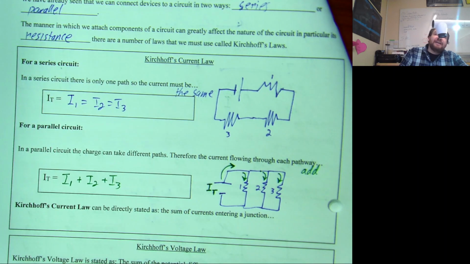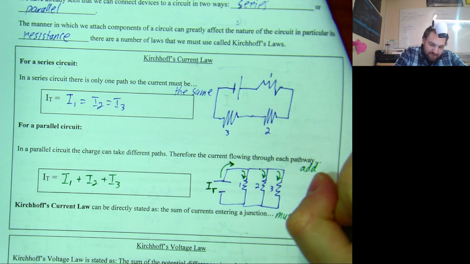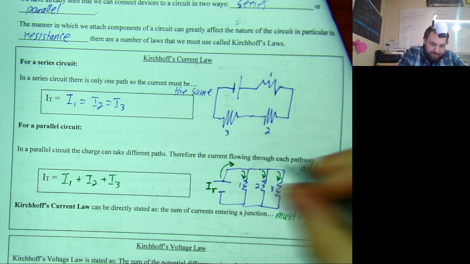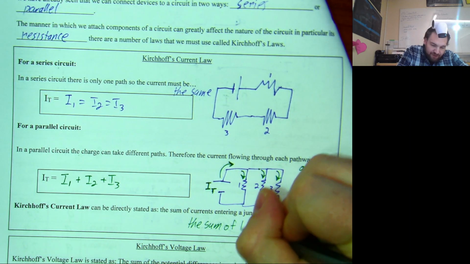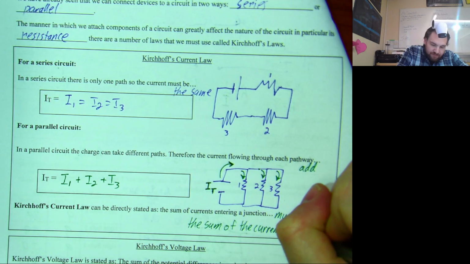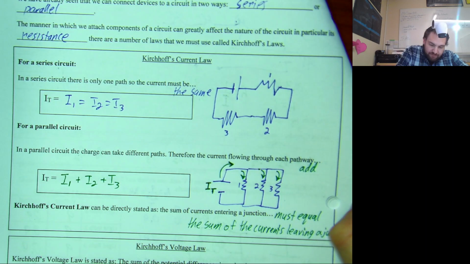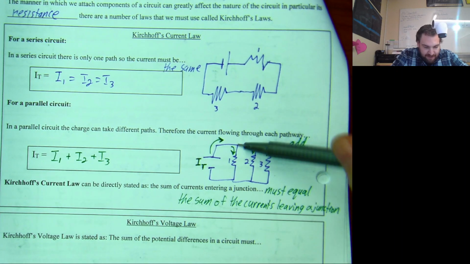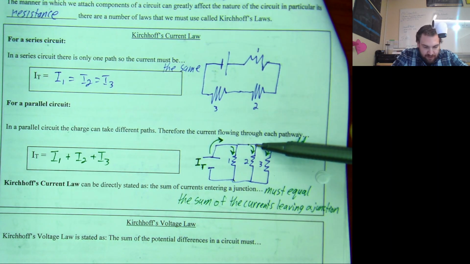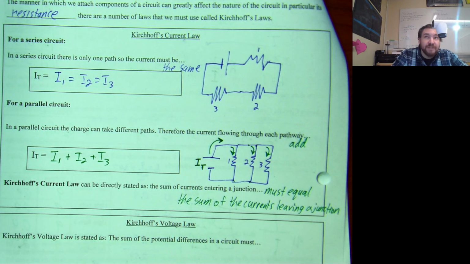So Kirchhoff's current law says that the sum of currents entering a junction must equal the sum of the currents leaving a junction. What goes in here must be the same thing that comes out here. They've got to add. So that's the current law.